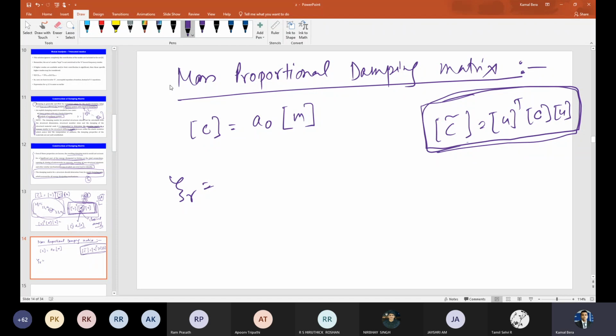For the r-th mode, basically. Come on, please do. Everyone, what is zeta? U_r transpose M U_r by 2 omega r.